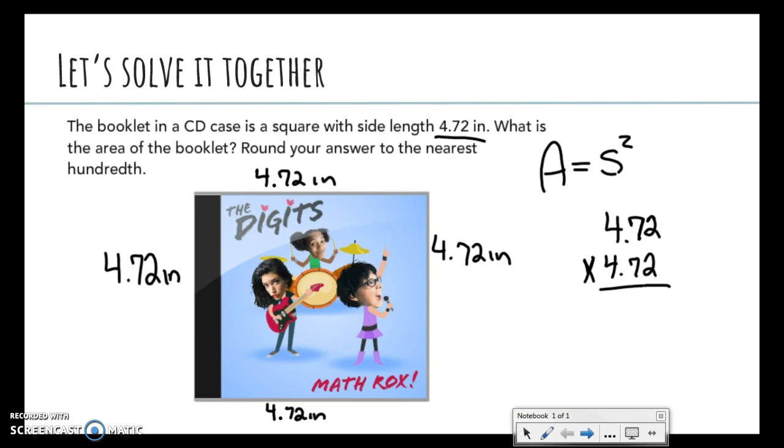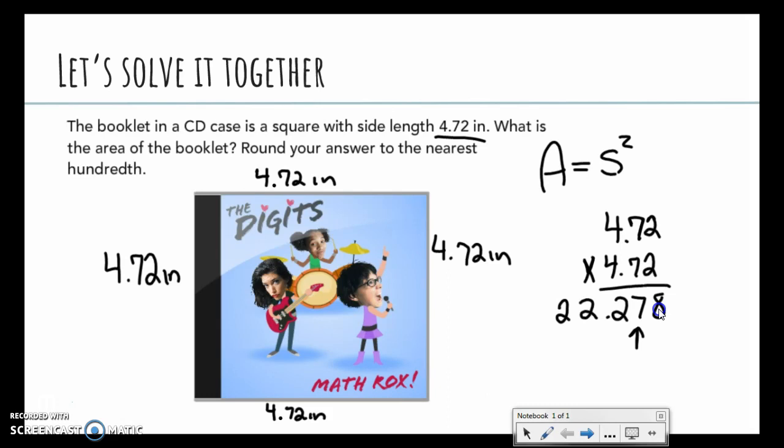Alright, so when you work this out, you should have gotten a pretty large number or decimal, so you just round to the nearest hundredths place. So you'll end up getting 22.2784 and you would end up rounding it to the nearest hundredths.